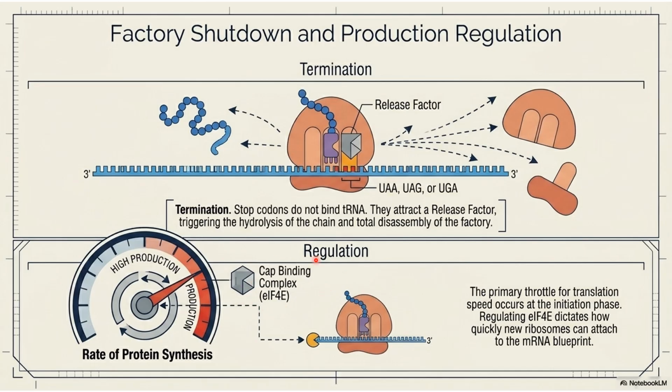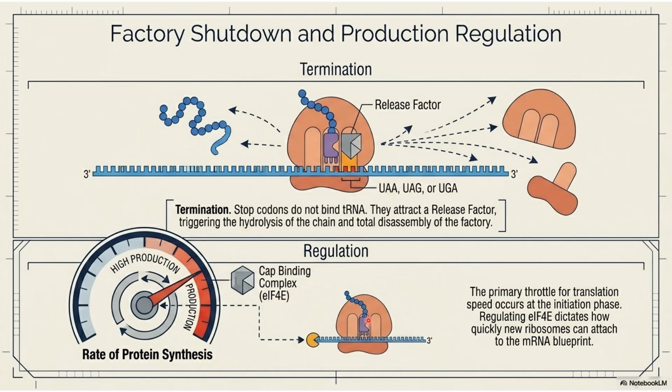So how is this process regulated? The main regulation is at the level of initiation complex formation. The eIF, the eukaryotic initiation factor, is the main regulatory factor. If it is present more, there will be more initiation complex formation. It will make the start codon attach to the tRNA, and more initiation complex is formed.